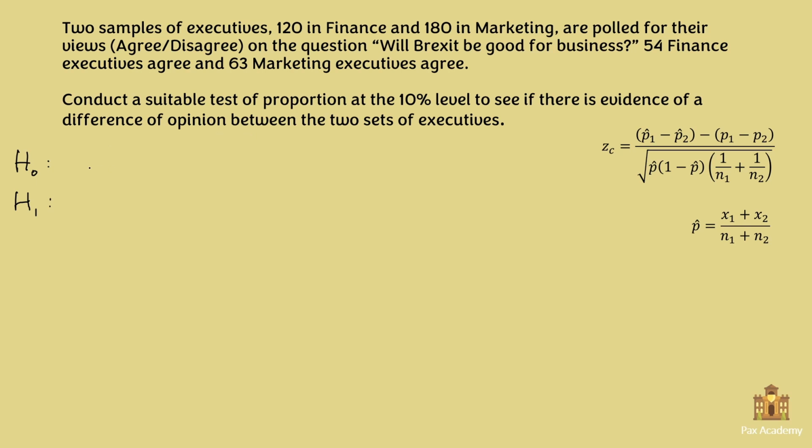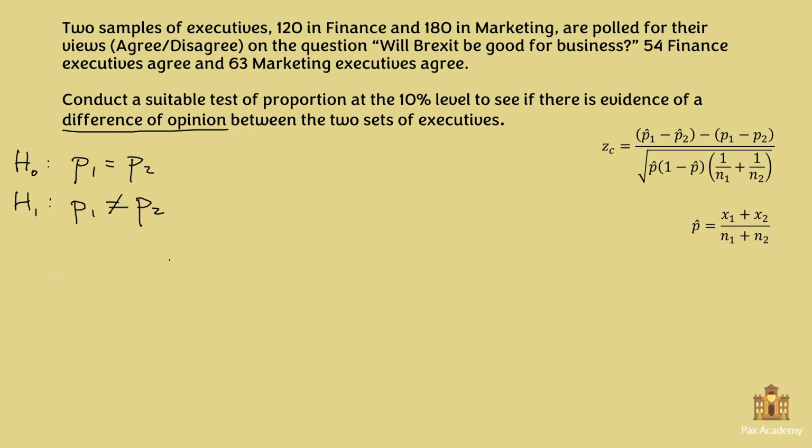So this means that the null hypothesis is that there's no difference. So in other words, the first proportion is equal to the second proportion. And then the alternative hypothesis is that there is evidence of a difference of opinion. So the alternative is that the first proportion is different to the second proportion.